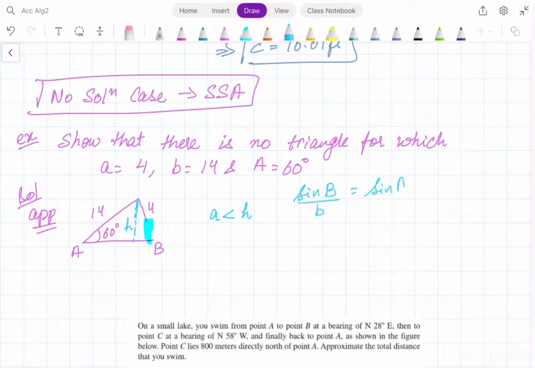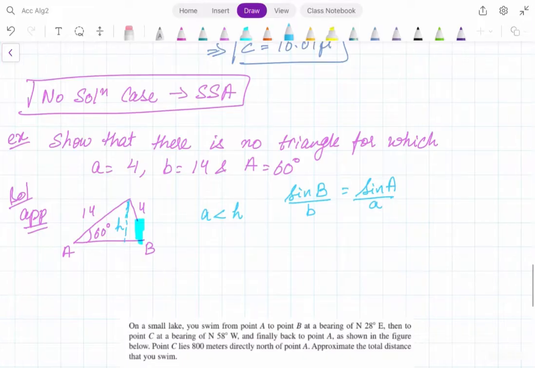If I use the reciprocal to find the angle, we are getting sine B is equal to B sine 60 degrees over 4. And because B is 14, that will give you more than 1. Let me put it in the calculator.